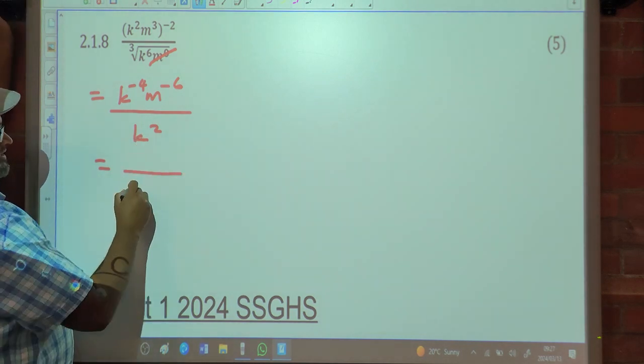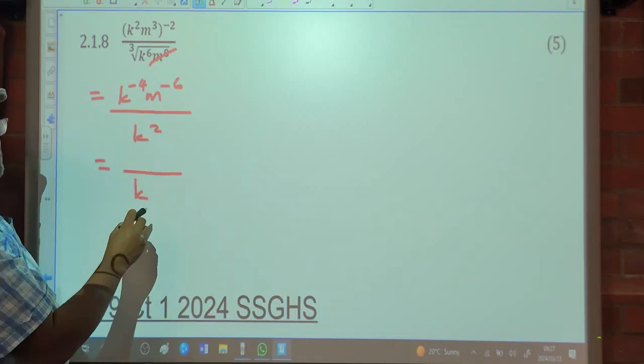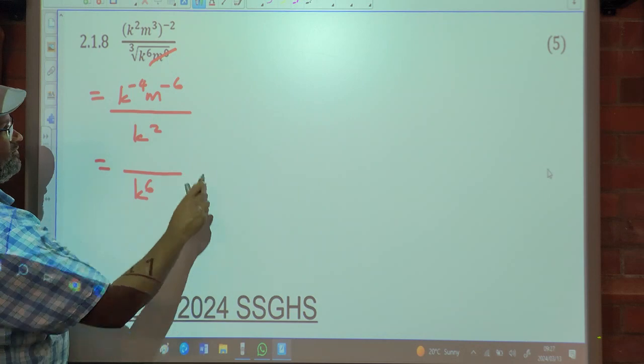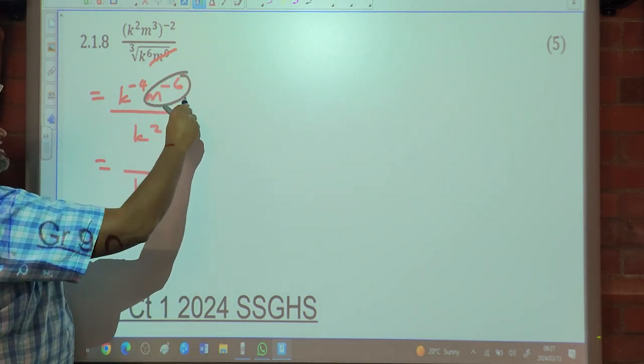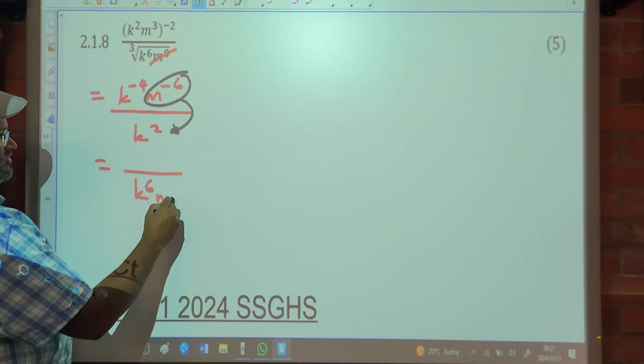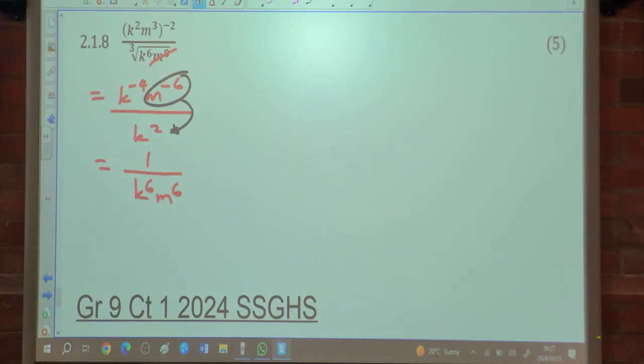At the bottom. So it's going to be K, 2 minus 4, which becomes 2 plus 4, which is 6. Where is it more? Okay, the M is here. But what do you notice? Negative exponent. So I'll bring it down to make it positive. So it will be M to the exponent 6. So what do I write on top? Easy. Okay.